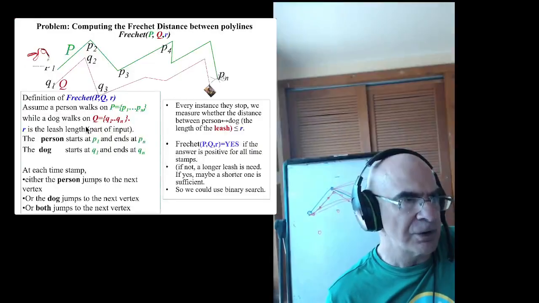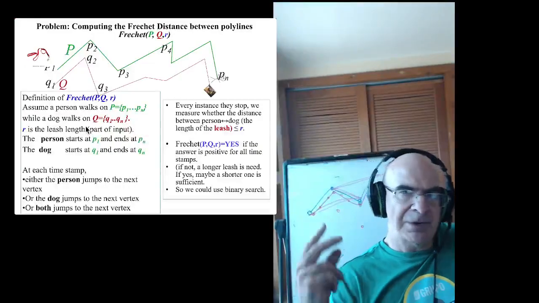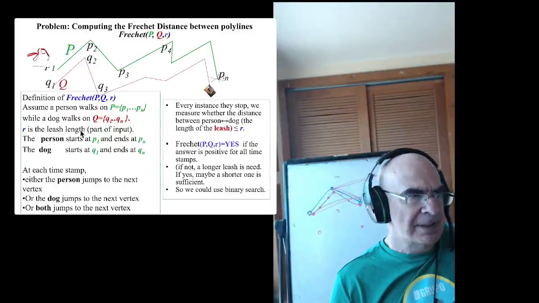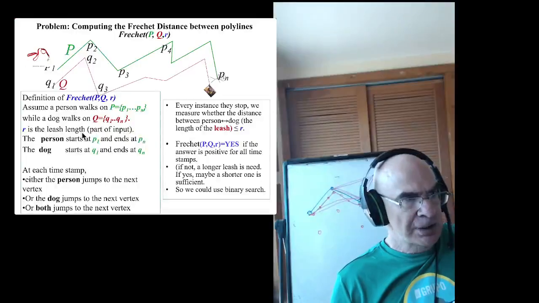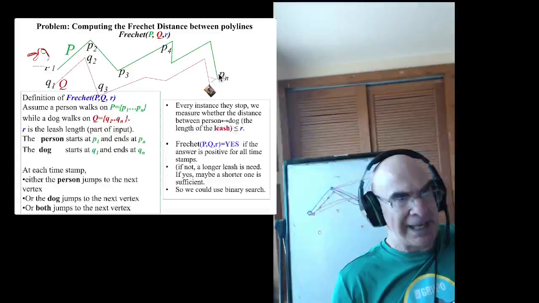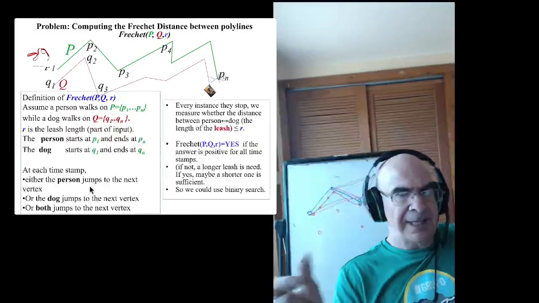And what are the rules of the trip? I'll think about the trip as a sequence of steps where the person starts at P1 and the dog starts at Q1. The person will end at Pn, the dog must end at Qn, and there are timestamps.